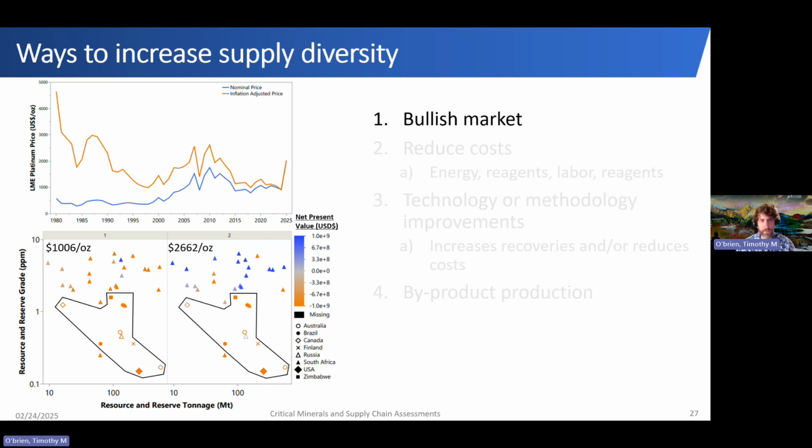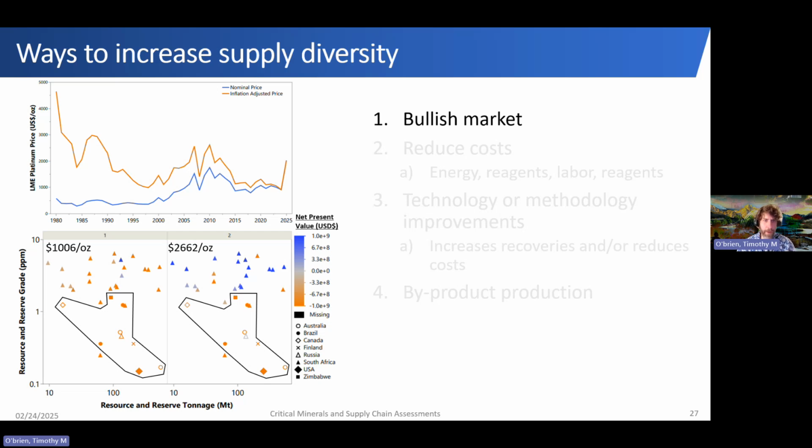This was the 2023 price of roughly $1,000 per ounce. And then if we look at the prices over, say, the last 30 years, prices were at their highest around 2010. And if you convert for inflation, this gets you roughly $2,600 per ounce.